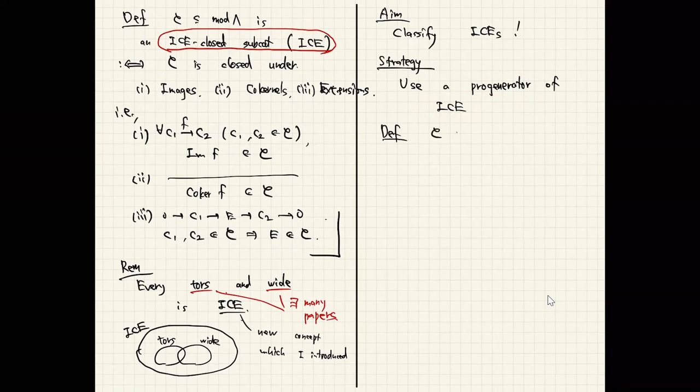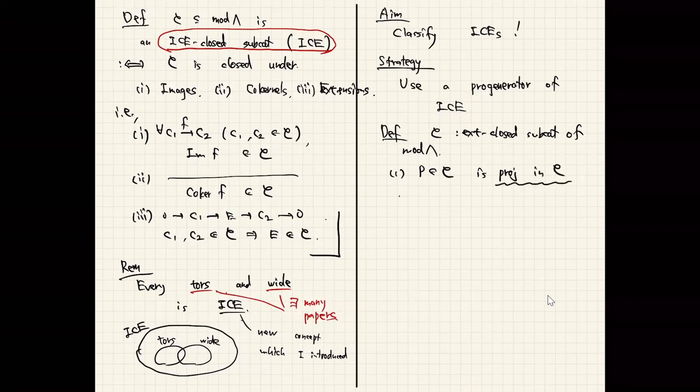So let C be an ICE-closed subcategory, or maybe it's enough to consider an extension-closed subcategory of a module category. Then we say that an object P in C is projective in C if the Ext group Ext^1(P, C) vanishes.